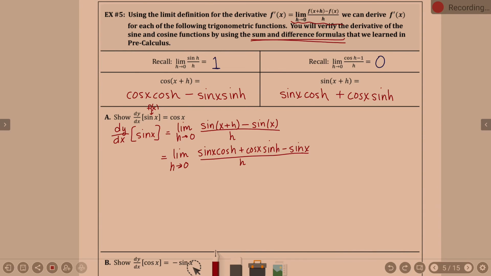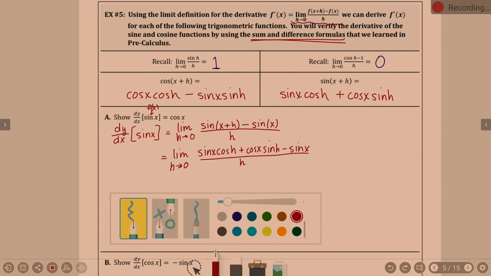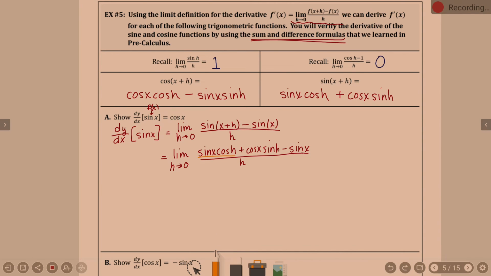We don't want to factor out a sine x of all of them, because they don't all have a sine x. But do we have two that have a sine x? Okay, we're going to factor it out of those two.